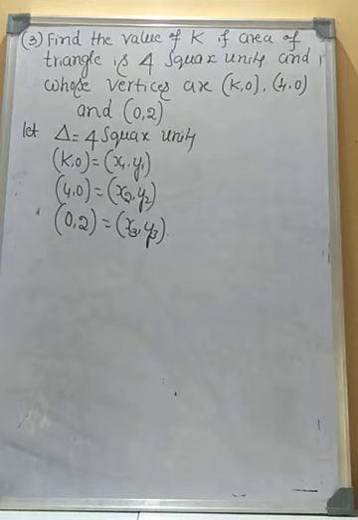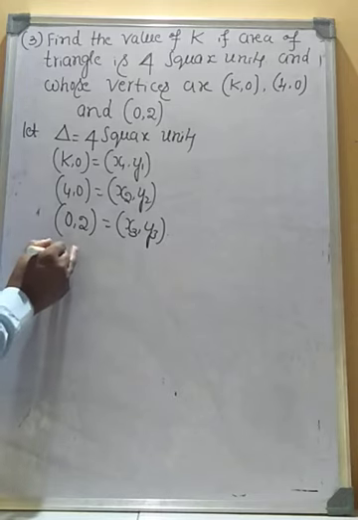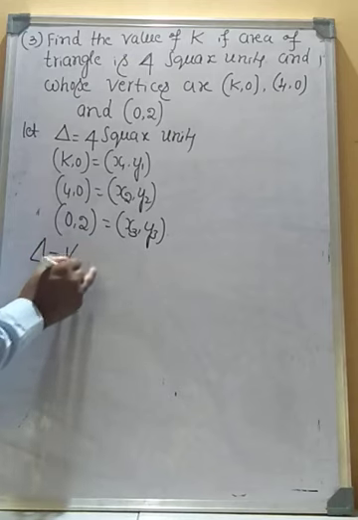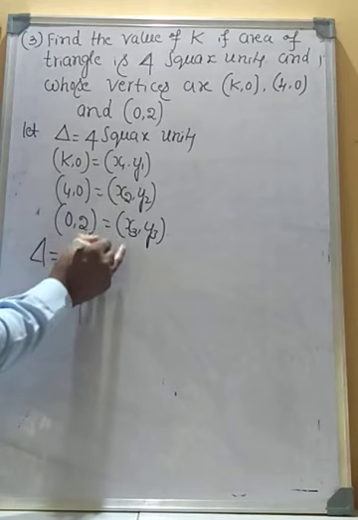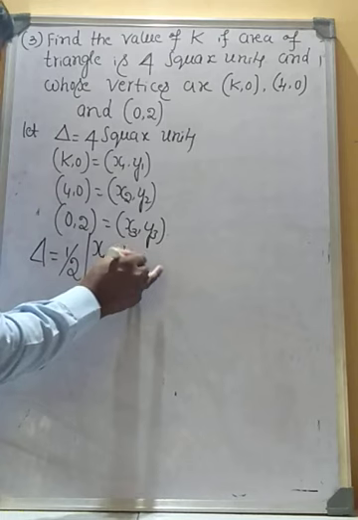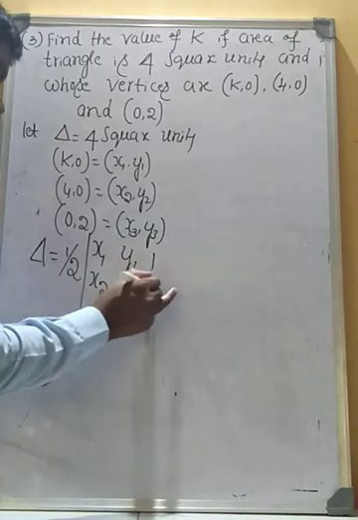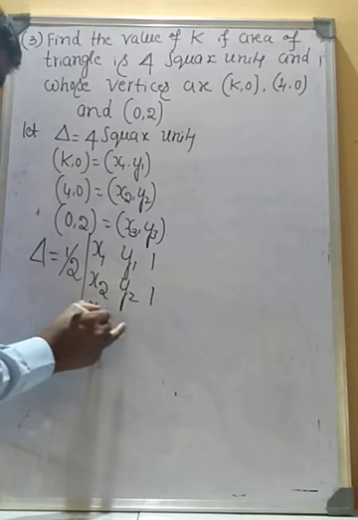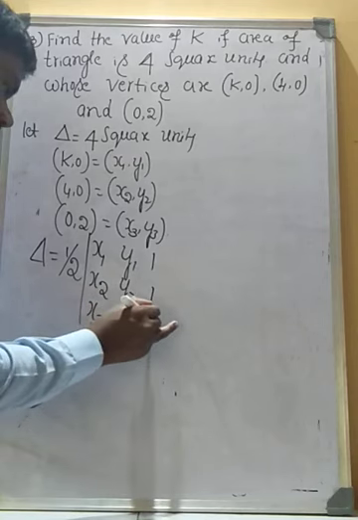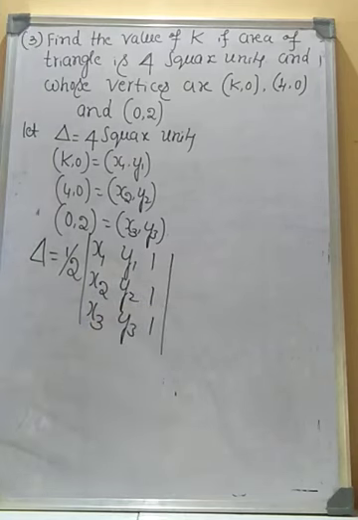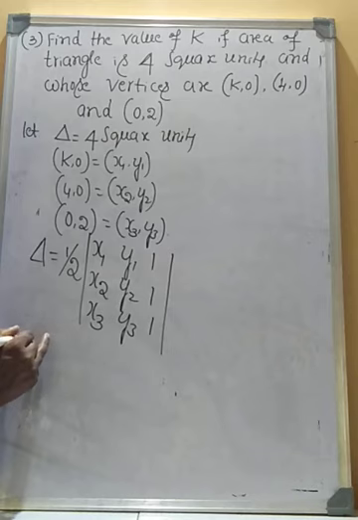You know, the area of a triangle, delta, is equal to 1 by 2 into the determinant of x1 y1 1, x2 y2 1, x3 y3 1. So delta means area of the triangle. What is given? 4 square units, that is plus or minus 4.